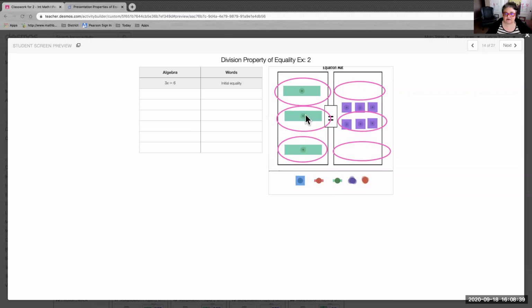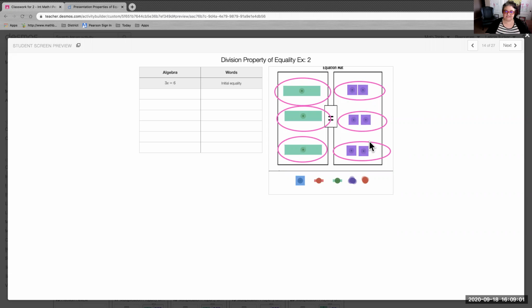And let's go ahead and separate these. Okay, and this one needs to come down here. Okay, there we go.